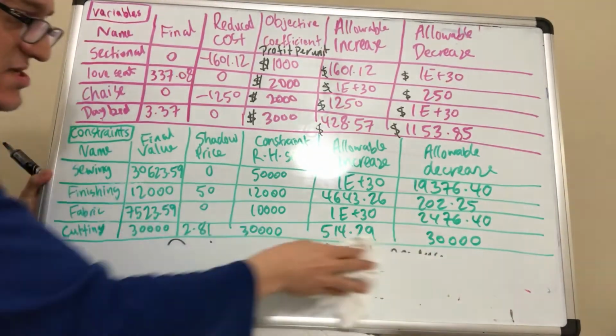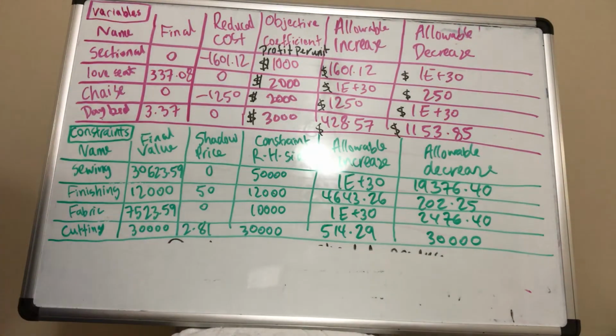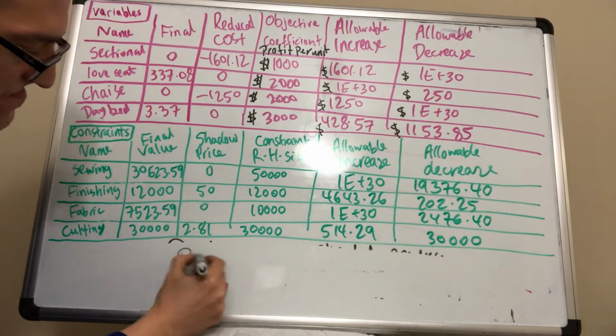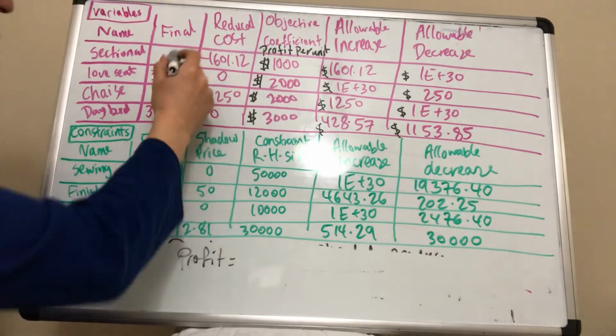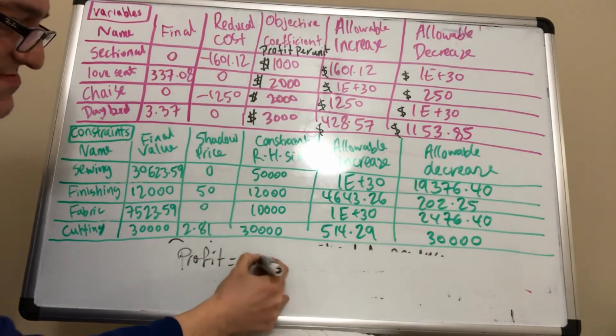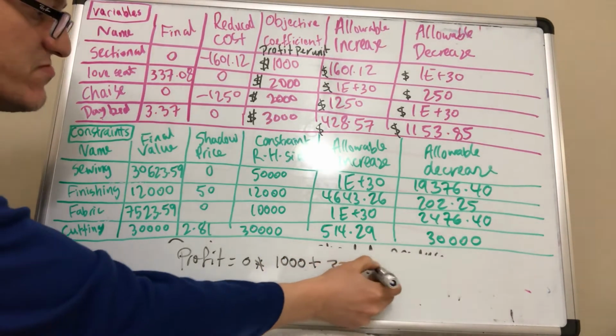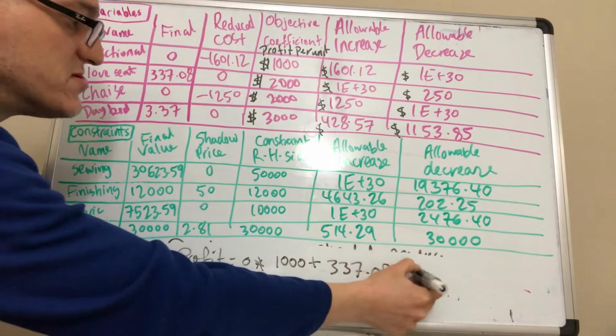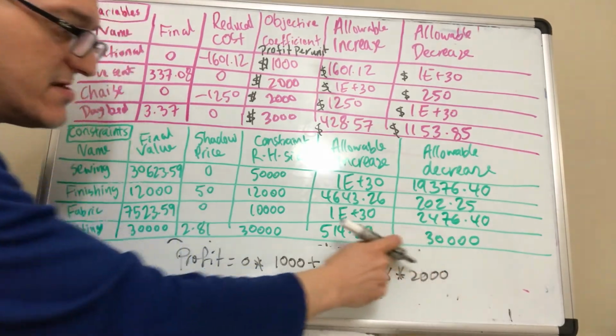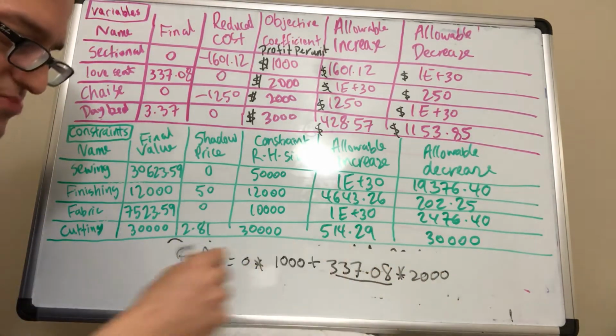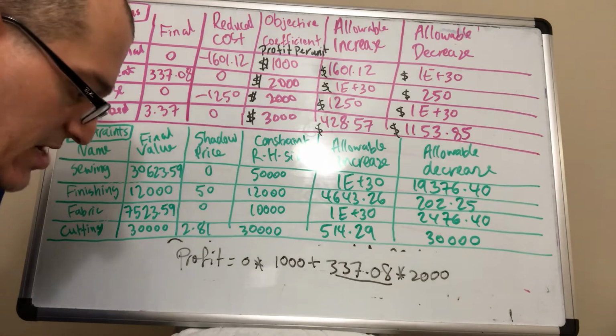So profit is going to be 0 times 1,000, plus 337.08 times 2,000. But again, use the complete number. I don't have it with me.